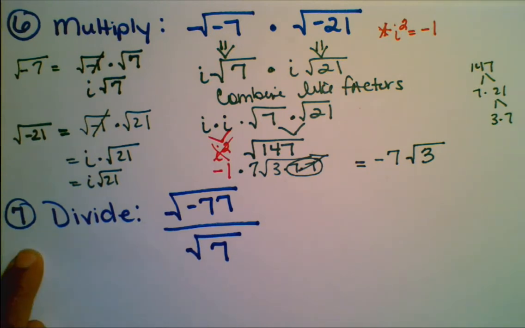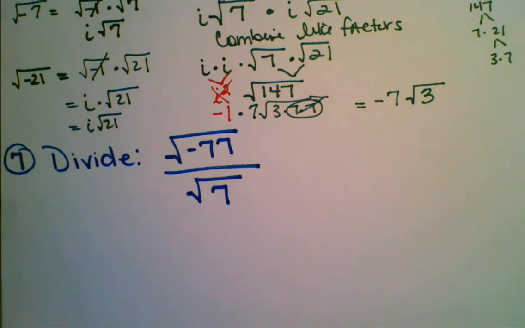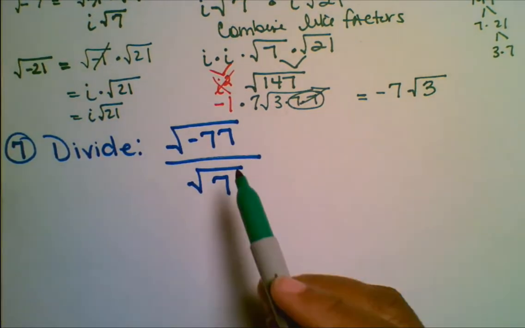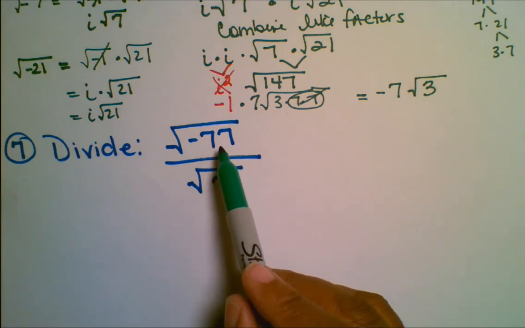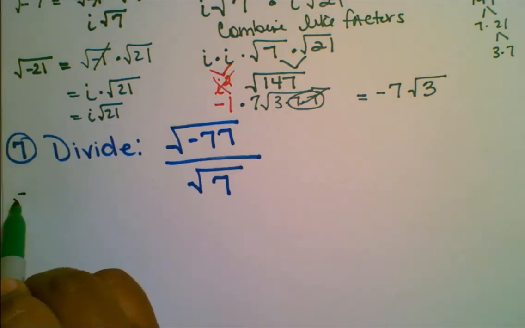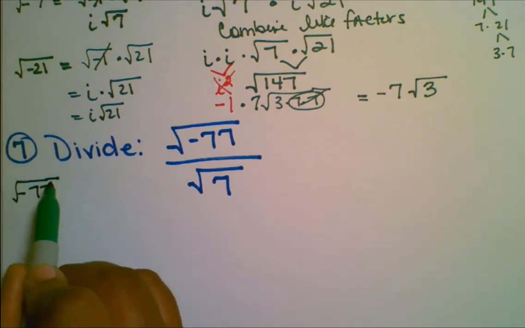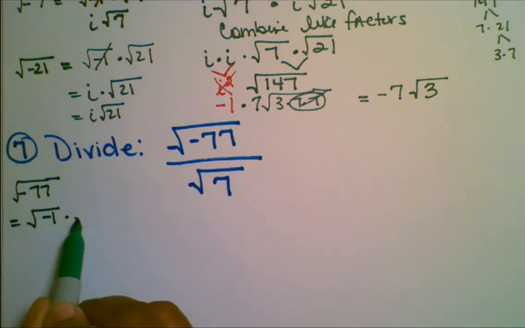And let's look at number 7 because that concept will hold as well. We cannot divide square roots when there is a negative number as the radicand. So for this numerator, we have the negative square root of 77. Take out the negative 1 factor.